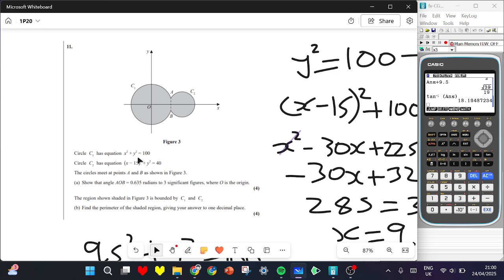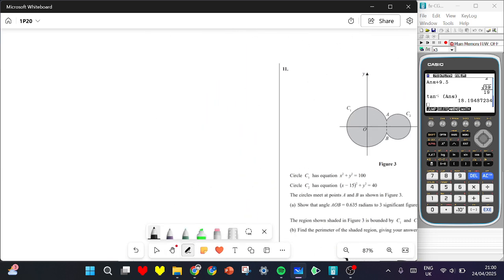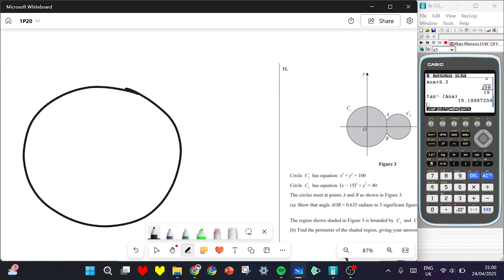So if you imagine that you actually drew out the whole of circle 1, and then imagine that this is where A and B are, right?